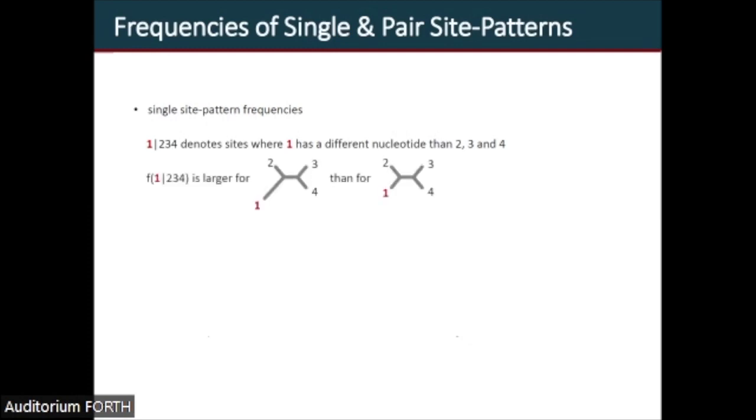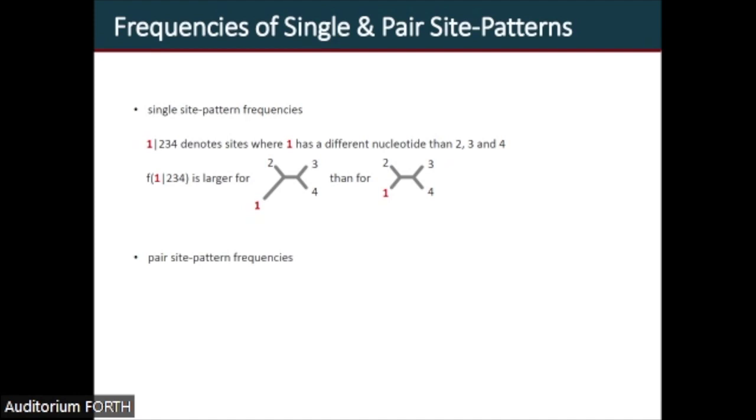And this is most frequent if the branch of 1 is a long branch, because then it's more likely that we have a mutation on this branch and that the rest has no mutation, or mutations which cancel each other out. Or at least it's more likely than if this branch is rather short.